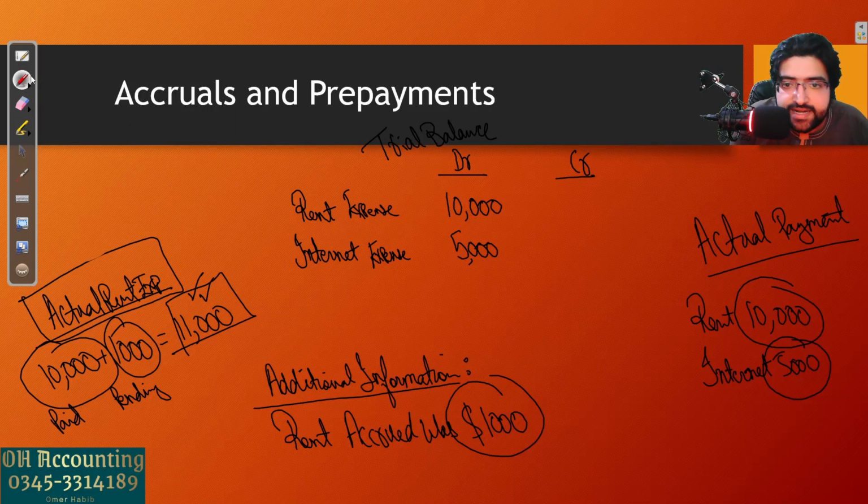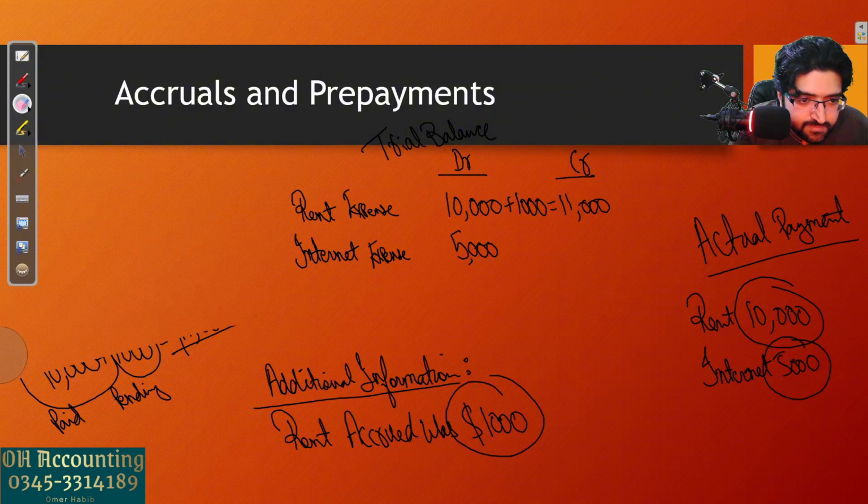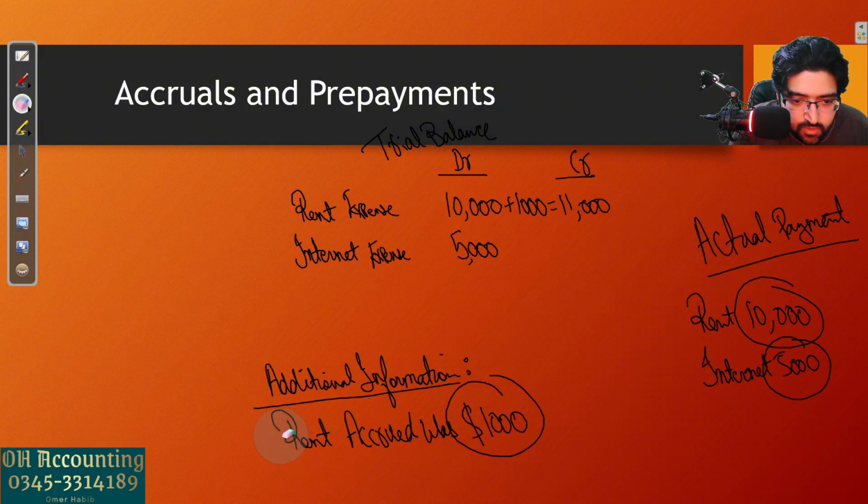So the actual rent expense should be 11,000, and in the income statement I will record rent expense as 11,000. I hope it's clear. Let's do it for one more expense, but this time let's use prepayment as the example. Let me erase this. Okay.